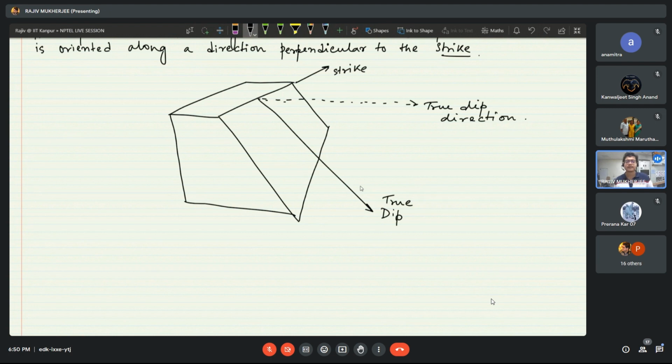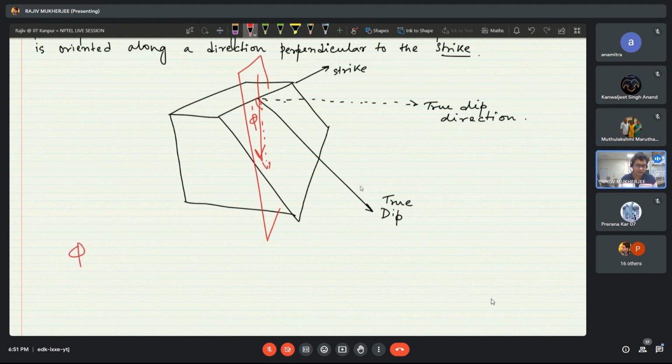Now what happens if I measure dip along this direction? If I pass a vertical plane just like this to measure the dip along this direction, say for example, this is the dip direction and this is the amount we are calling phi dash.